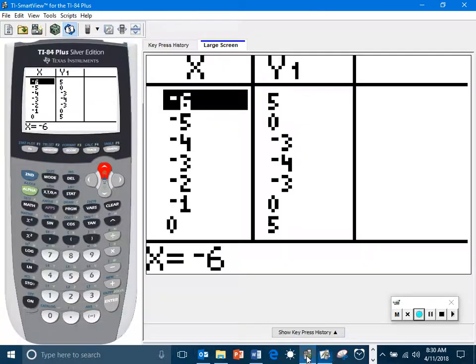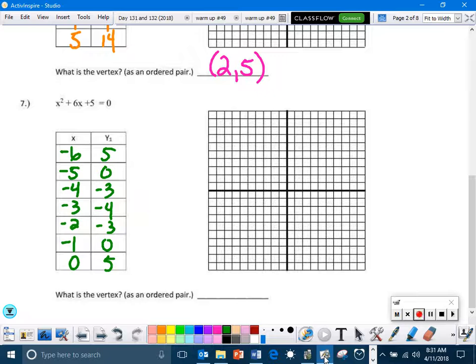Okay, let me double check. All right, now I'm going to graph it.